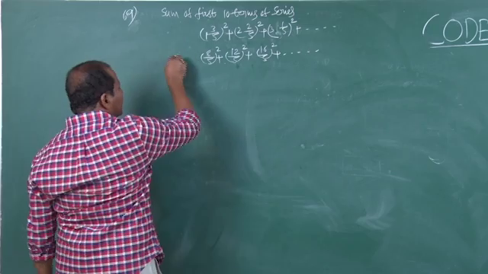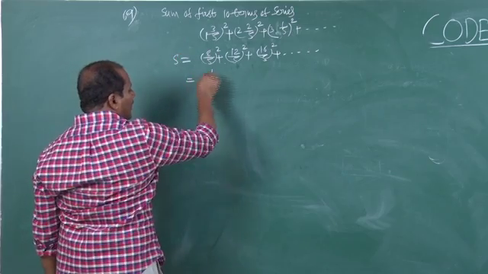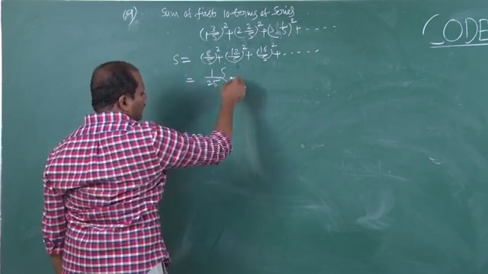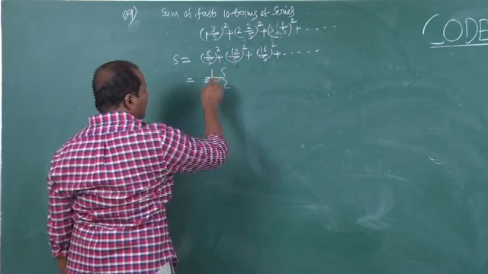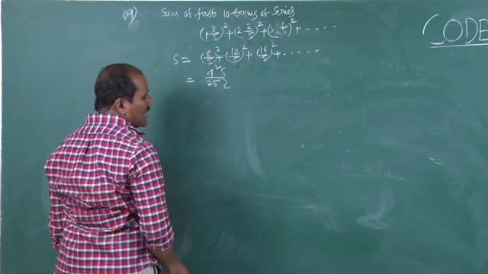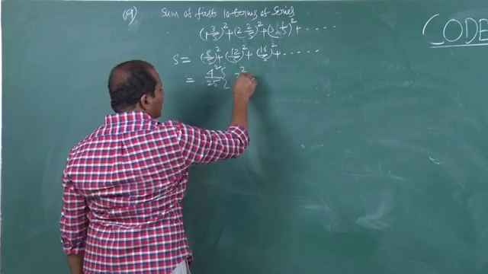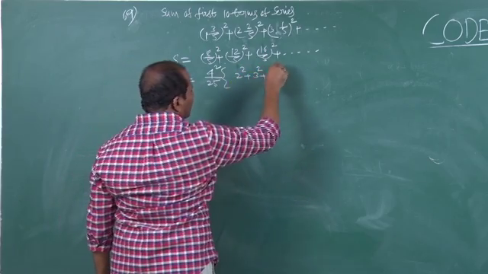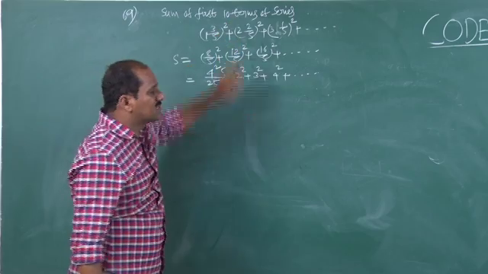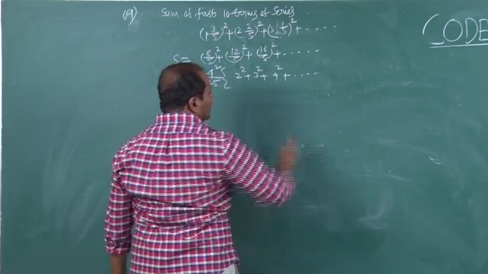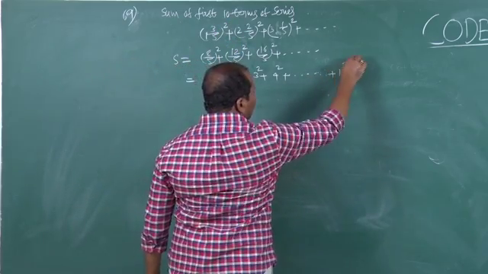For every term you can take 1 by 5 square common, and from each term we can take 4 common. So take 4 square also common, remaining 2 square, 3 square, 4 square, so on. Since we want the sum of 10 terms, the last term is 11 square.